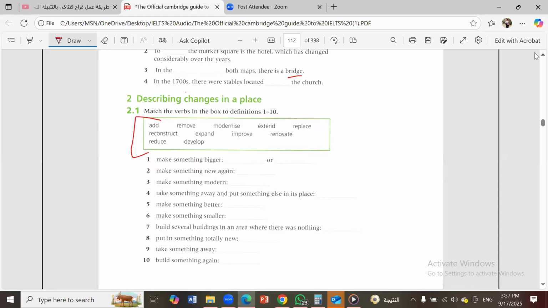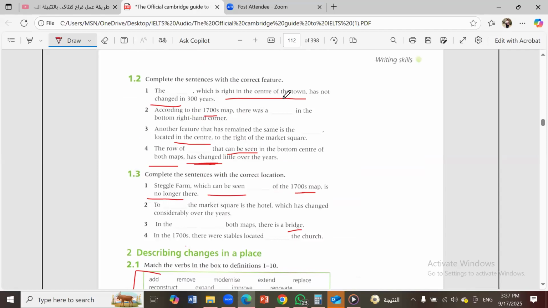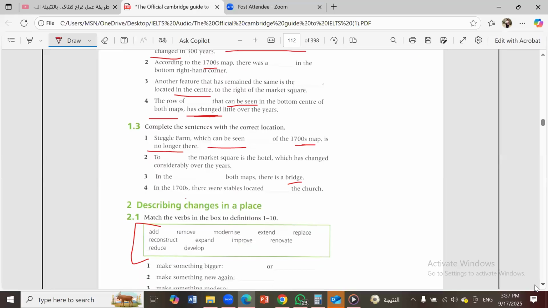And consider this is the answer. These sentences that we are answering, consider these are the answers and try to connect them together to make a whole coherent essay. You have to write, guys, please.